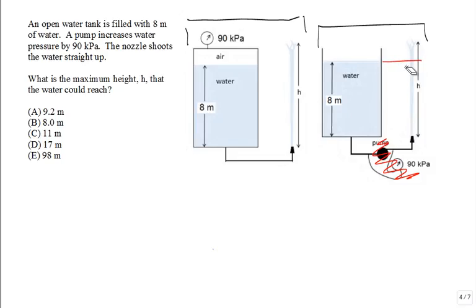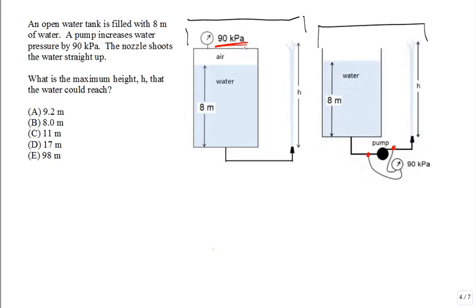But somebody says, I want you to add a pump, and that pump is going to run such that there's a pressure increase across the pump of 90 kilopascal. That was the same as the air pressure above.